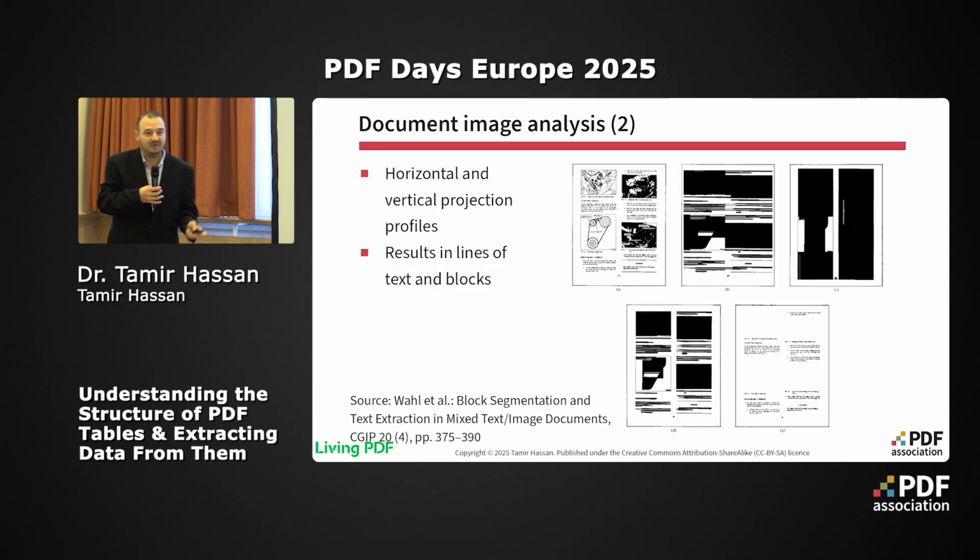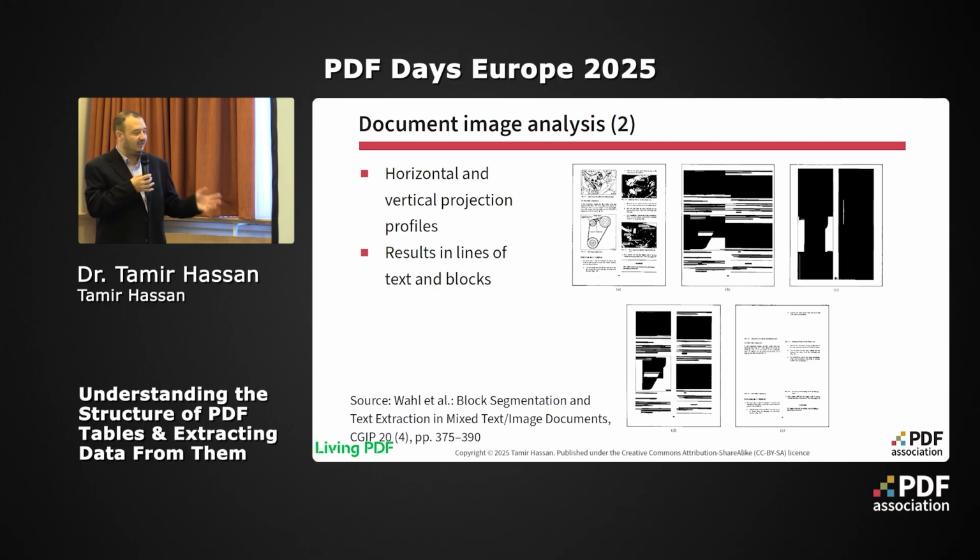And then once we've separated the foreground from the background, again assuming an image, we usually try and find where the blocks are, first the lines. We do, in the most basic form, a projection profile. We join up black pixels that are close enough to each other, and find the lines of text.